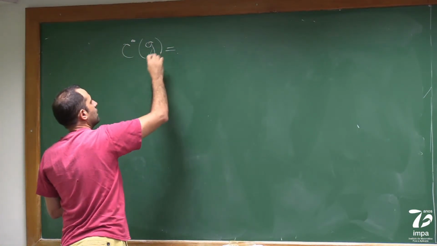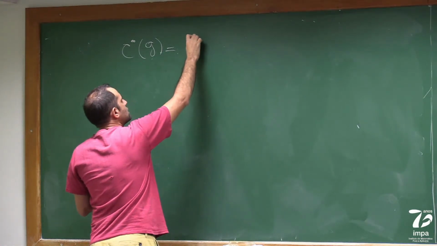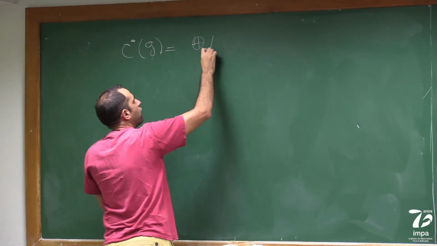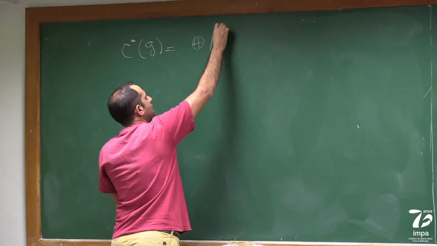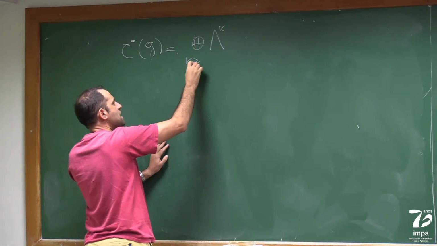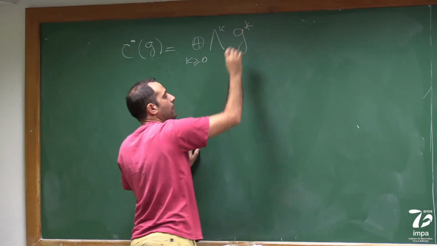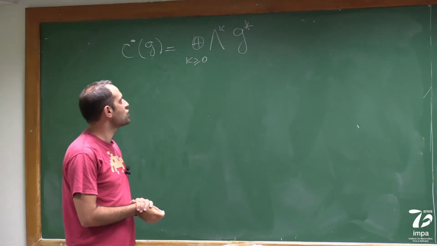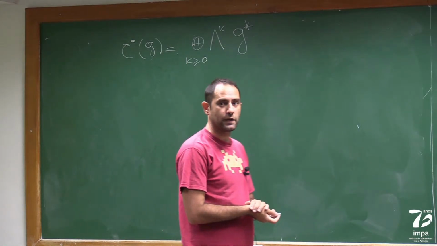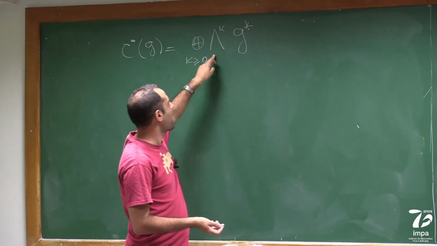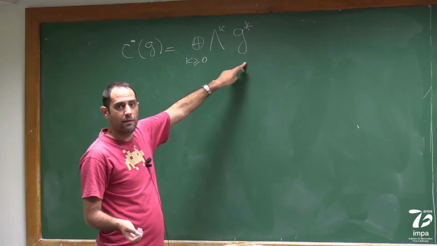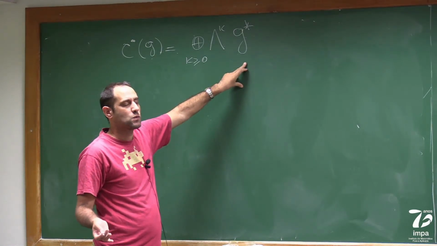OK, so by collecting the sum, this C dot of G, when K is just trivial, is just the direct sum of all these C^K of G star for K bigger or equal than 0. If G is finite dimensional, then this sum is finite. So if the wedge dimension of G of K becomes 0, well, dimension plus 1 becomes 0.